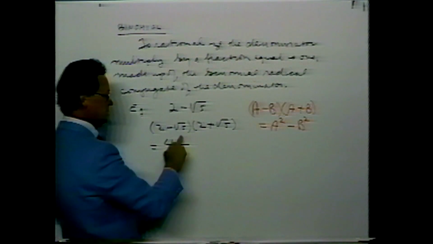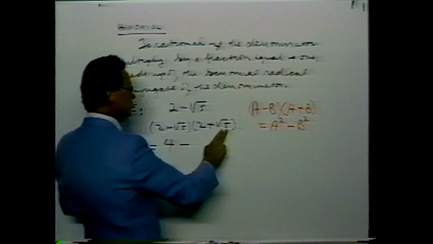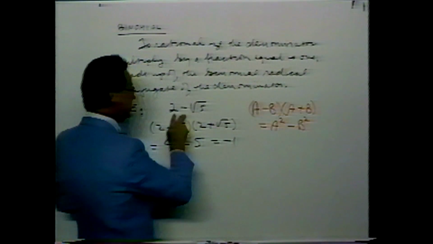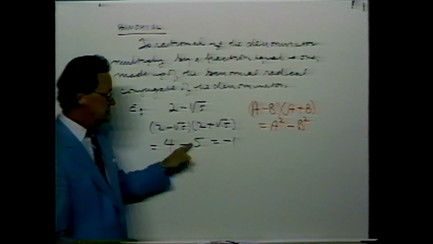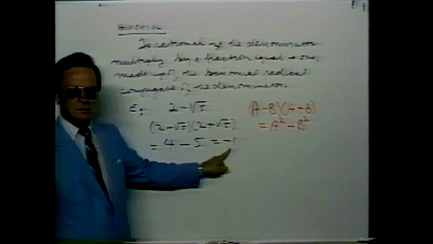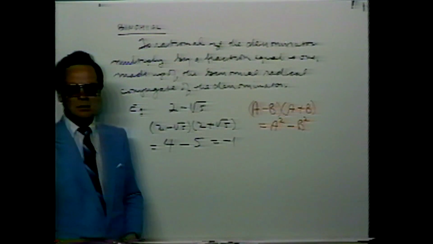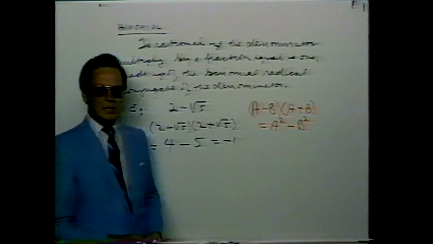But that is the square root of 5 times the square root of 5, which is the square root of 25, and the square root of 25 is 5. So there you have something that we started with a radical in it reduced to a radical-free quantity. And that's how you rationalize denominators of a division problem involving radicals.